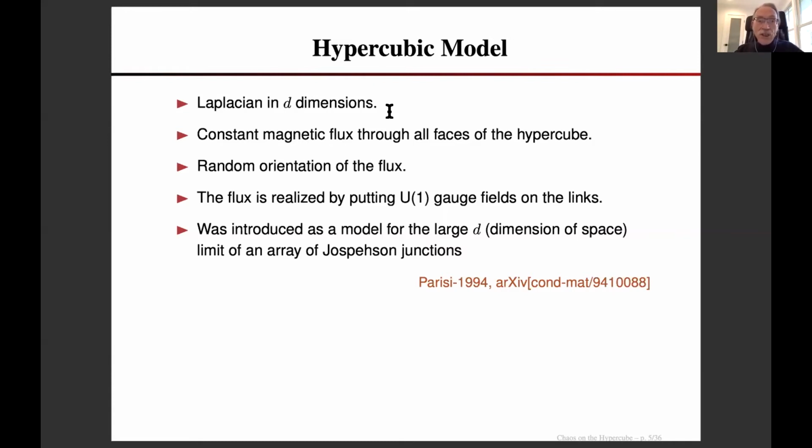So the Hilbert space is 2 to the power d. Through all faces of the hypercube, there's a magnetic flux. The magnetic flux is constant, the same through all faces. However, the orientation of the flux is taken at random. The flux is realized by putting U(1) gauge fields on the links, as you would, for example, do in lattice QCD.